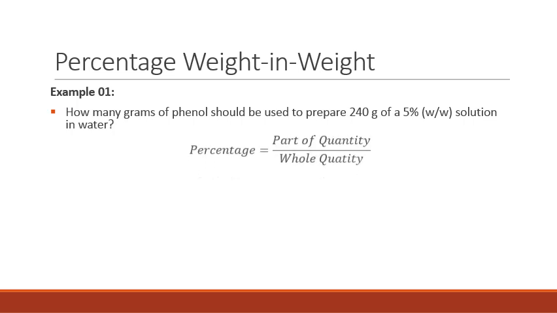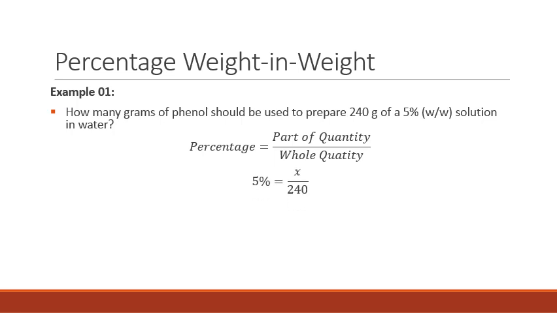So if we put the values into the formula, the percentage is 5% and the total quantity of the preparation is 240 gram. So 5% is equal to x upon 240. x is the weight in grams of phenol.